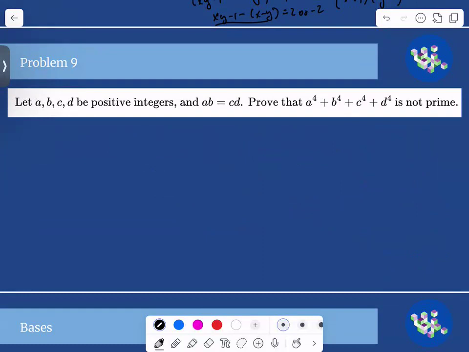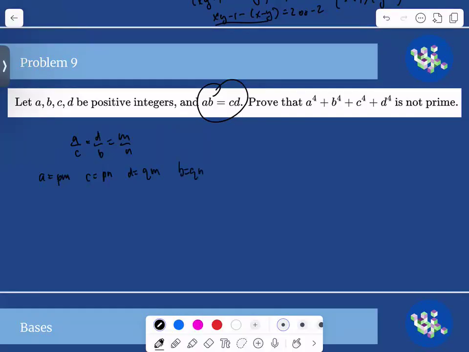But from what I discussed, given this, we can write it as A over C is equal to D over B is equal to M over N. And then you can write A as PM, C as PN, D as QM, and B as QN.